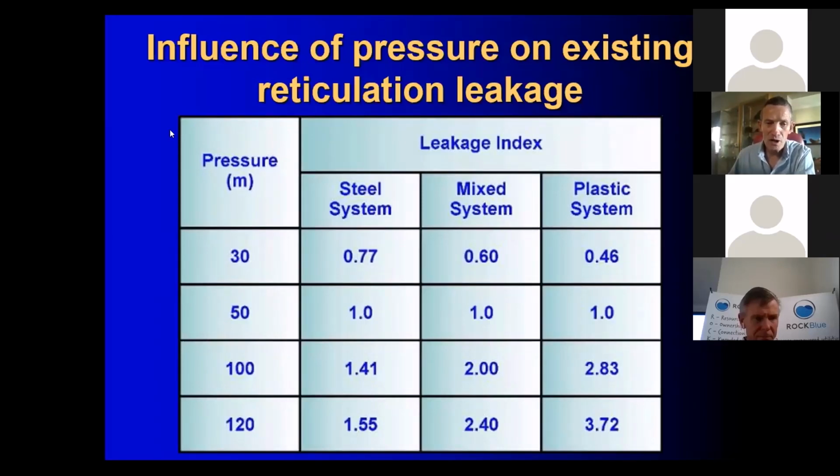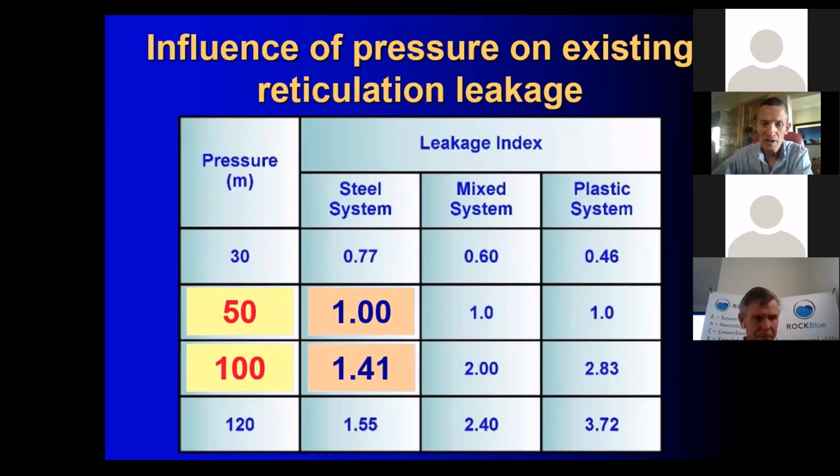And what that means in real life is, if you change the pressure from 50 meters to 100 meters on a steel pipe system, the leakage will increase from 1 to about 1.41, which is a 40% increase. So you double the pressure and you increase the leakage by only 40%.